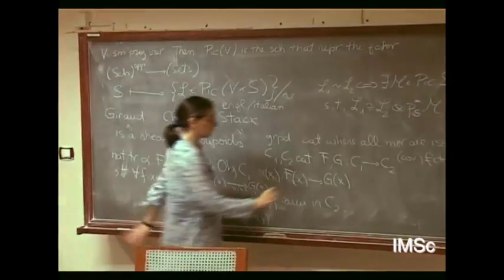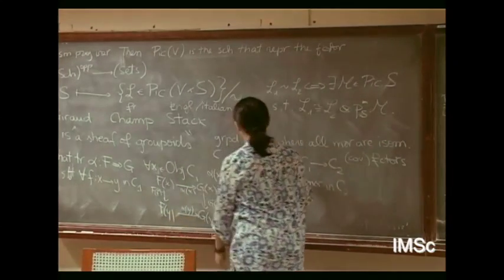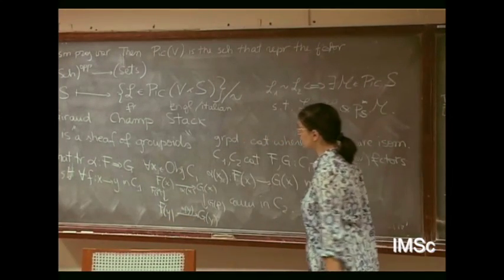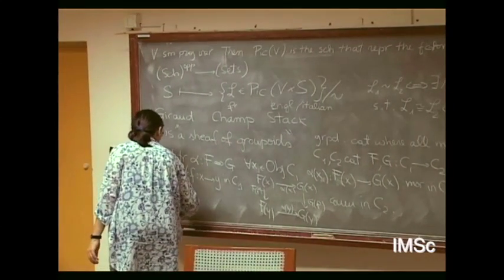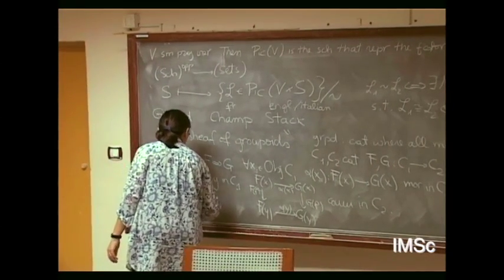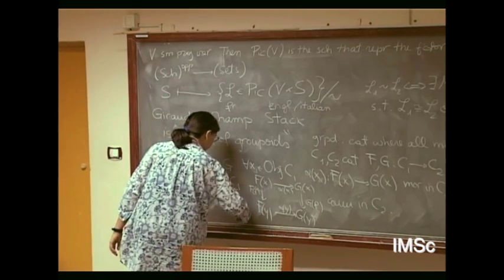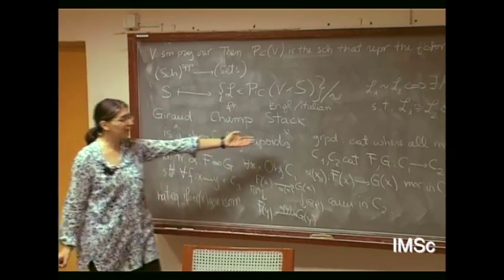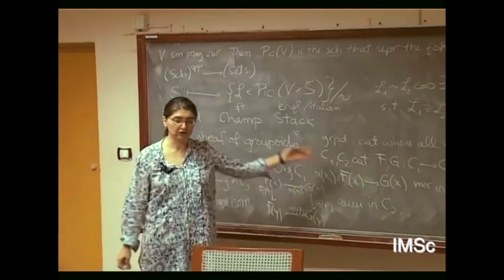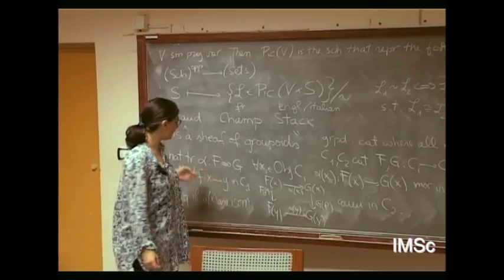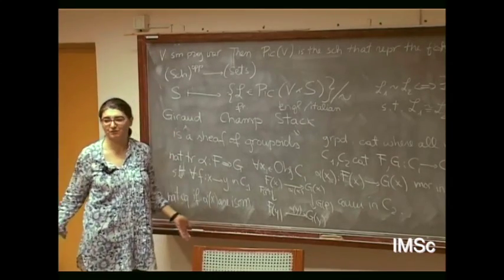This is a morphism in C2. And the natural transformation is called a natural equivalence if all these alpha X are isomorphisms. And of course, one good thing is that if you don't look at arbitrary categories, but you look at groupoids, then every natural transformation is automatically a natural equivalence because all morphisms are isomorphisms.